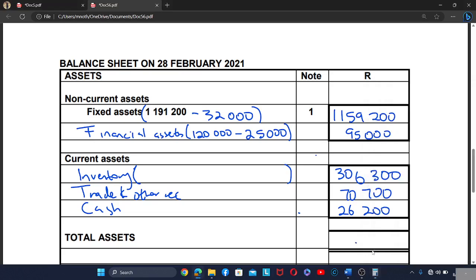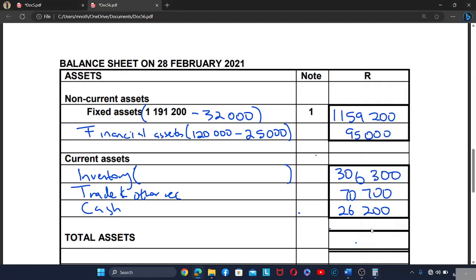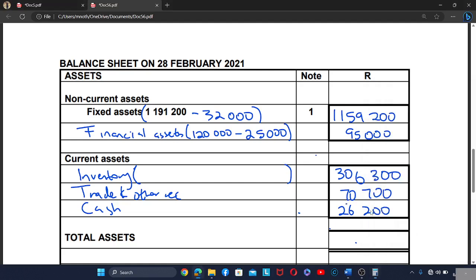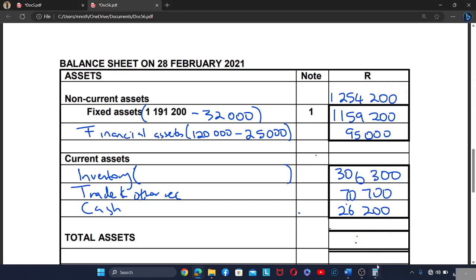Here, let's find the non-current asset. It is 1,159,200 plus 95,000. That is going to be 1,254,200, right? And then now the current asset: 306,300 plus 70,700 plus 26,200.